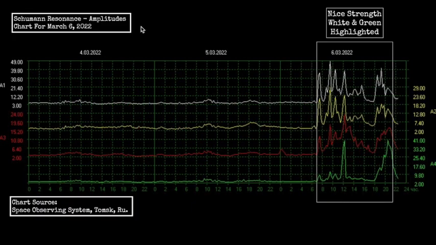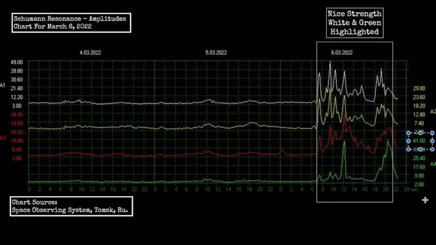The energies in the amplitudes are very strong. We're at 49 here, which is a peak for recent weeks in the chart for the white resonance, but look here. We've got 41 in green, and this is very unusual for green to be at almost the same peak level as white. So white and green are highlighted here.